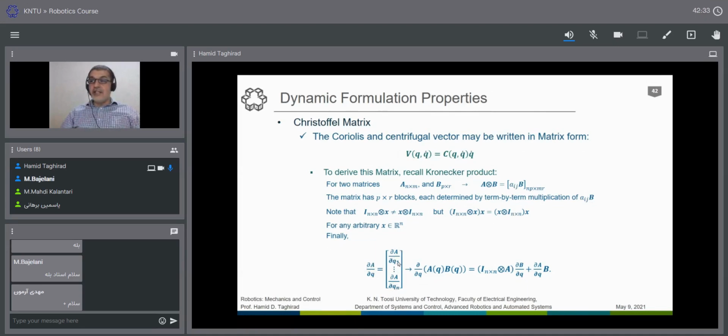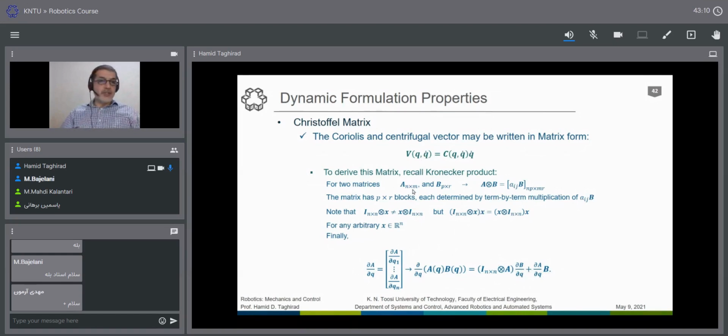And if this is multiplied by a B matrix, if we have a partial of A times B that we have in our V calculation, we can simplify this by a Kronecker product times the derivative of B, by a Kronecker product and the partial derivative of A times the B matrix. We use these two relations from Kronecker and then start working on the V product.